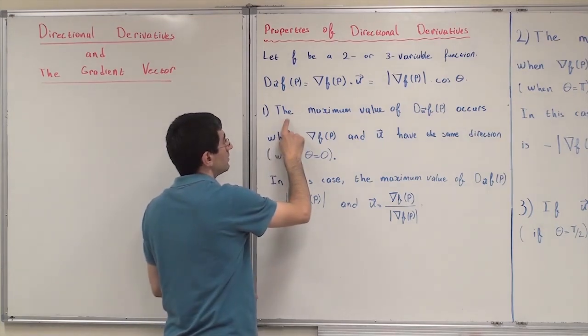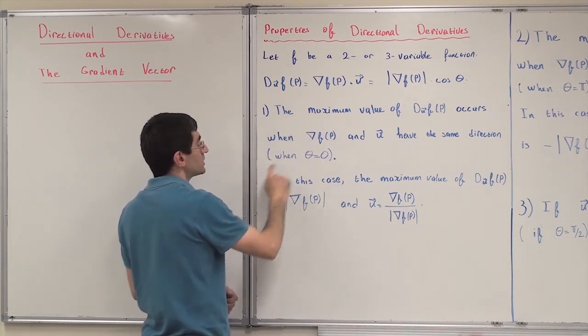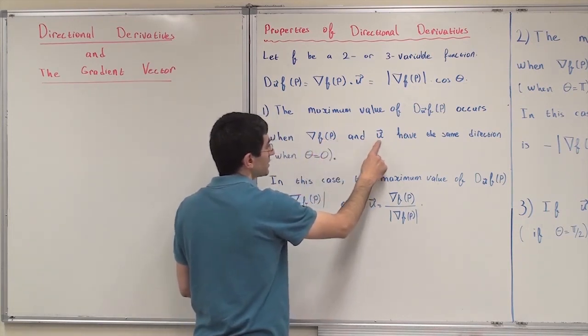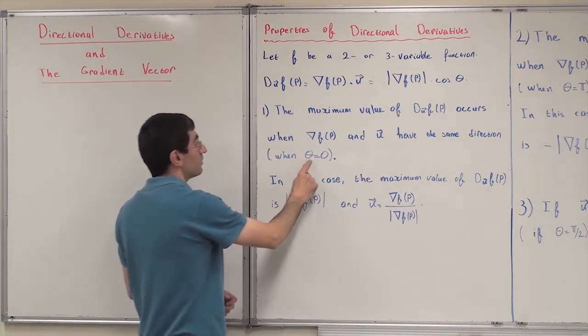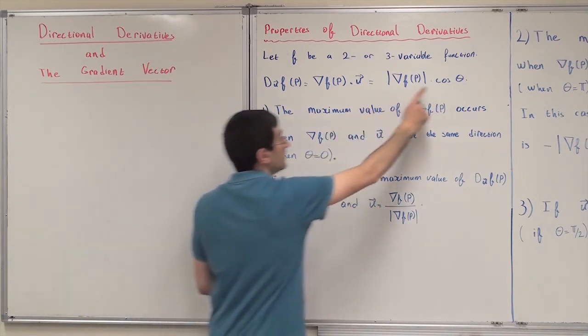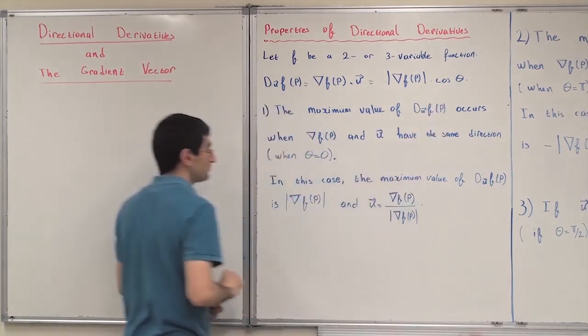First of all, the maximum value of the directional derivative occurs when the gradient vector and the direction vector have the same direction, which means when the angle between these 2 vectors is equal to 0, because at this angle the cosine is going to reach its maximum value.